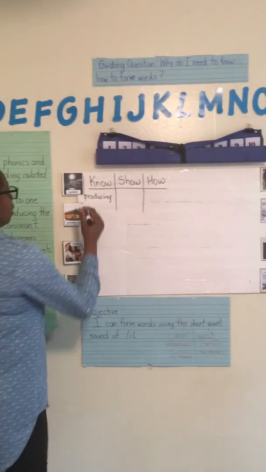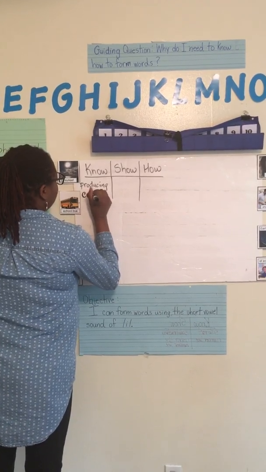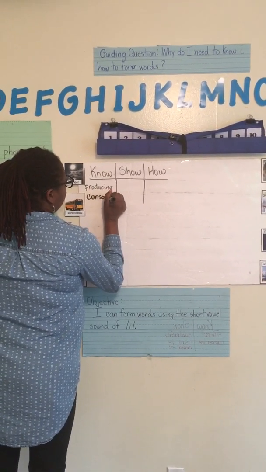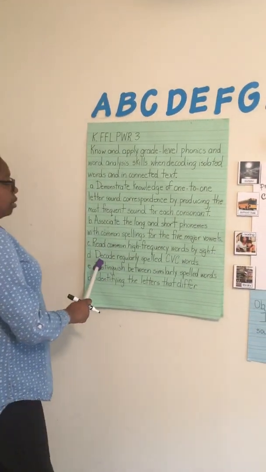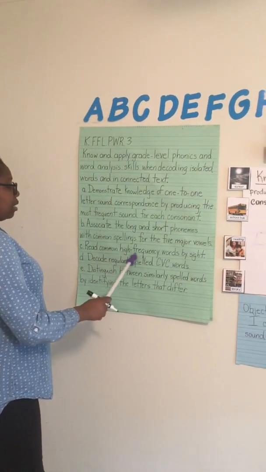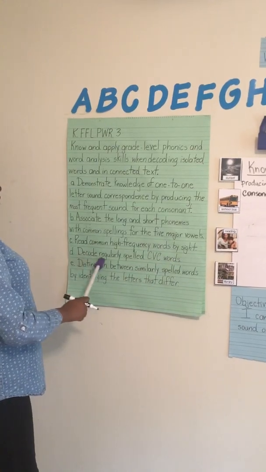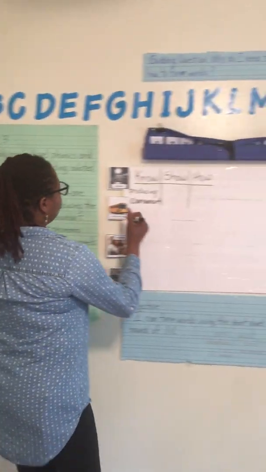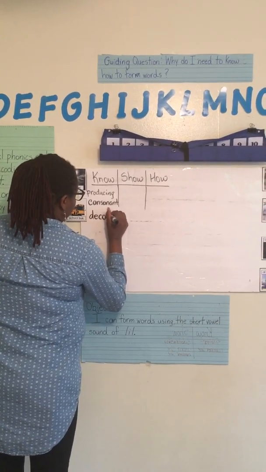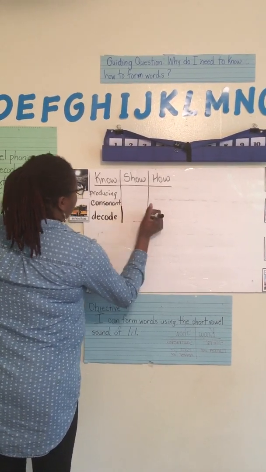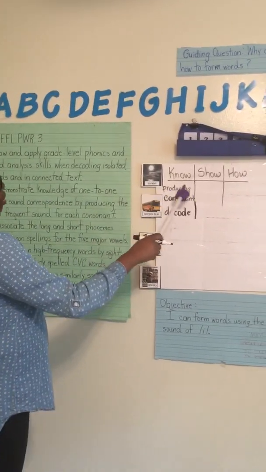Say consonant. So I'm going to write consonant under here. And we're going to skip down to where it says decode regularly spelled CVC words. We need to know what decode means. So I'm going to write decode, D-E-C-O-D-E.